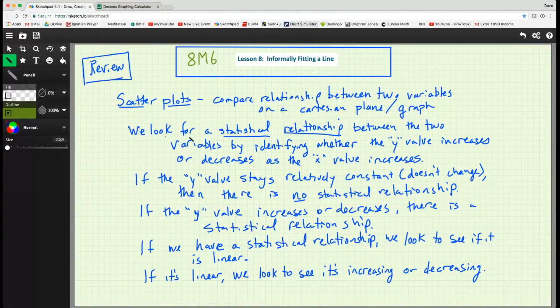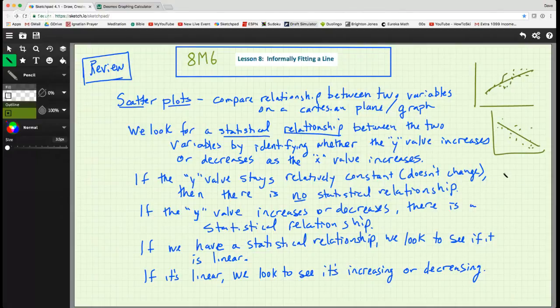Once we put down all of our data points, we look for a statistical relationship between the two variables by identifying whether the y value increases or decreases as the x value increases. So on our chart, do our points tend to go up, or maybe tend to go down? We're looking for that kind of relationship.